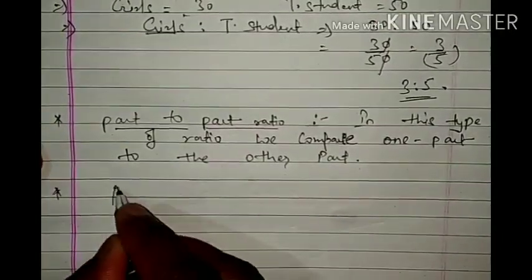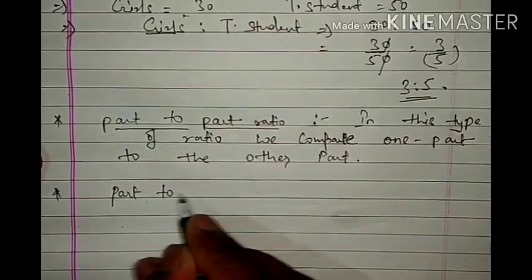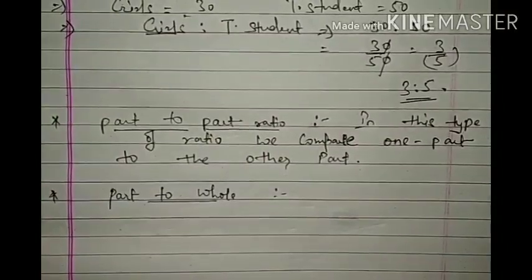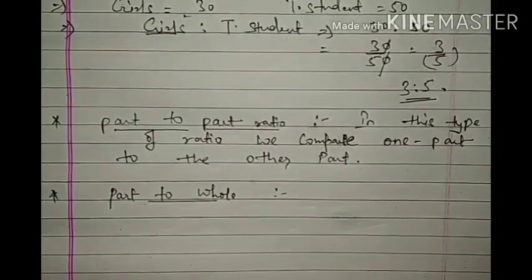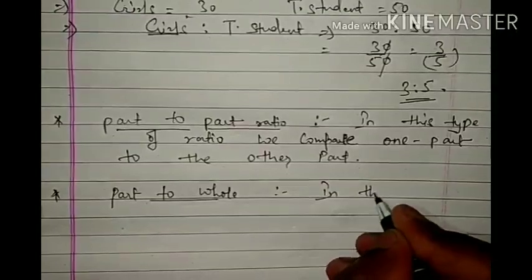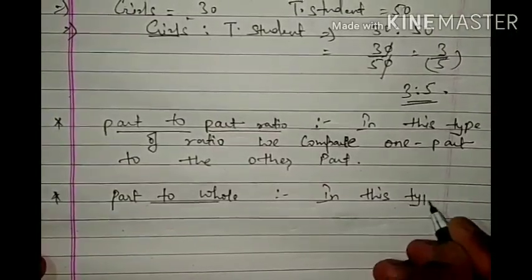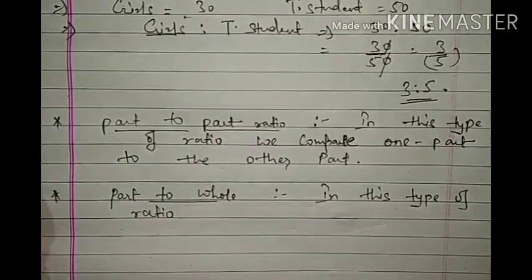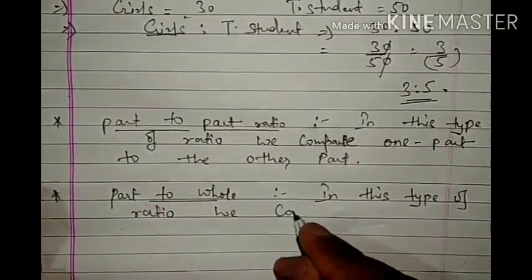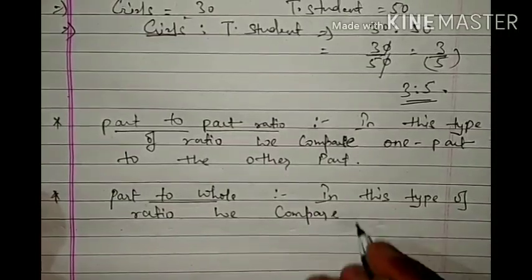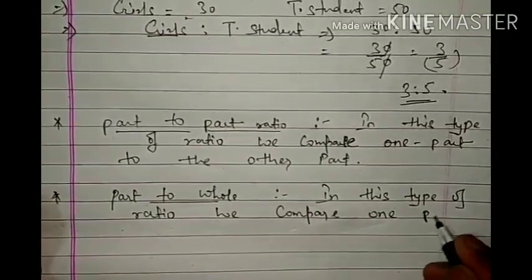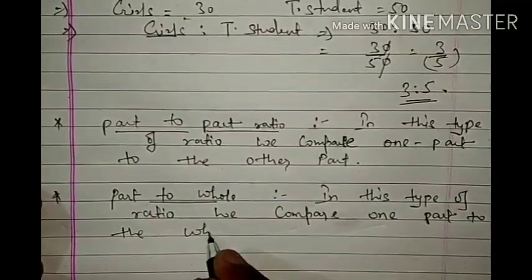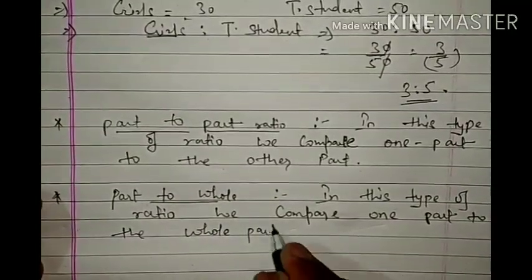Second, part to whole. In this type of ratio, we compare one part to the whole part.